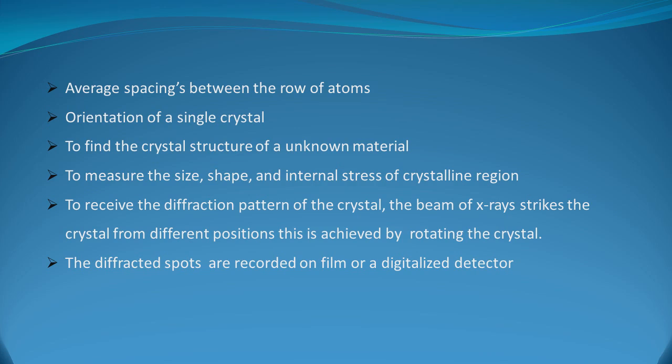When the beam strikes, scattering occurs between the crystal lattice and the X-ray source, so a diffraction pattern appears. From the diffraction pattern, we come to know all kinds of information about that sample. By digitalizing those spots, we can record them and use them for analysis purposes.